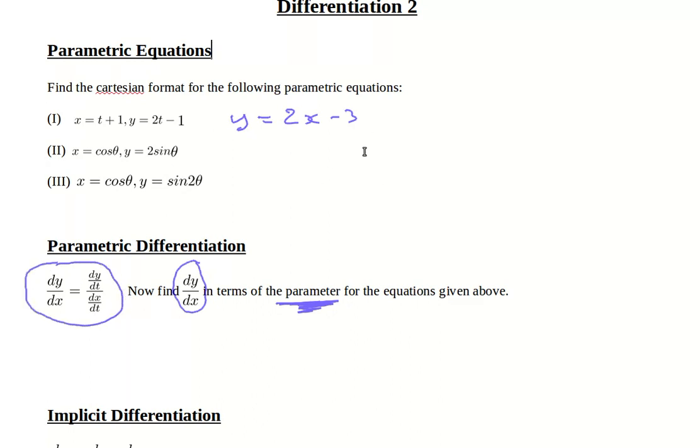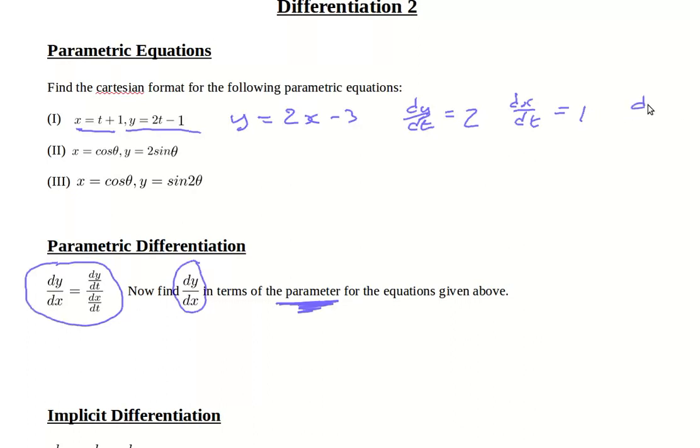So if we're using it for the first one, all we need is dy by dt. Now if you differentiate y with respect to t there, you get 2, because 2t minus 1 differentiates to 2. dx by dt, well, that's going to differentiate, I'm sure you'll see straight away, to 1.